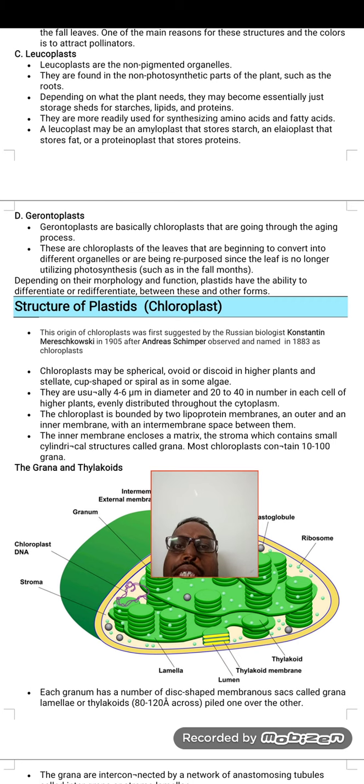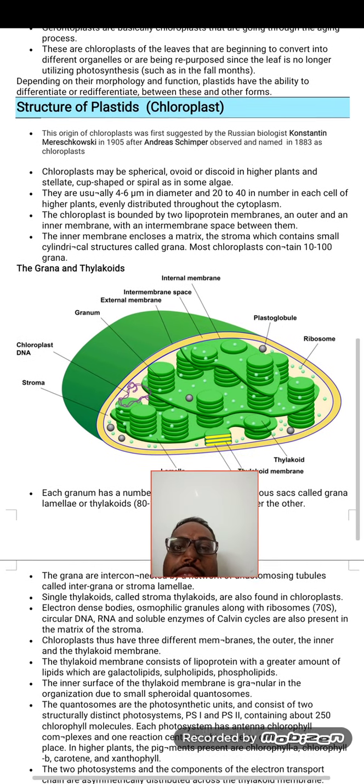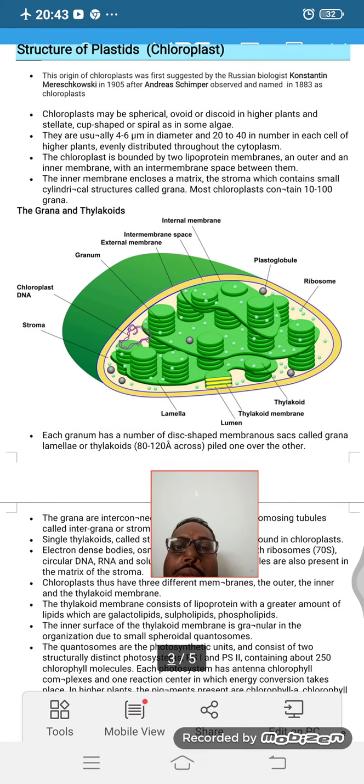The origin was first suggested by the biologist Konstantin Mereschkowski, and it was observed by Schimper and confirmed. If you see this structure, this is the 2D and 3D diagram of a chloroplast.